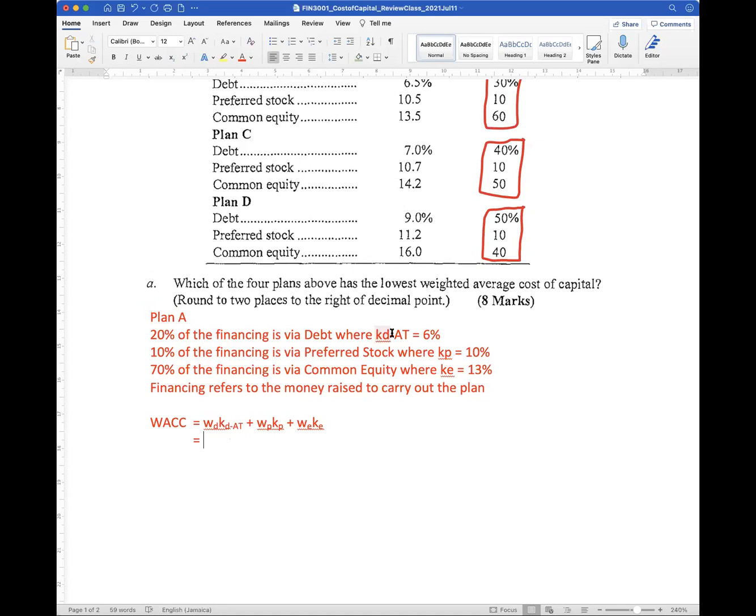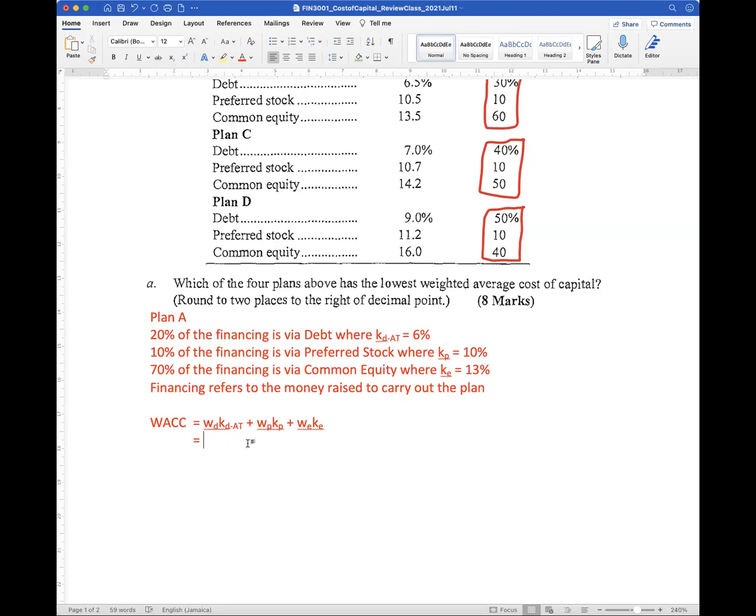So KD, the after-tax cost of debt, is basically the rate after tax that you pay for the money that you're borrowing. The cost of preferred stock is the rate that we pay for the preferred stock money that we got, and so forth.